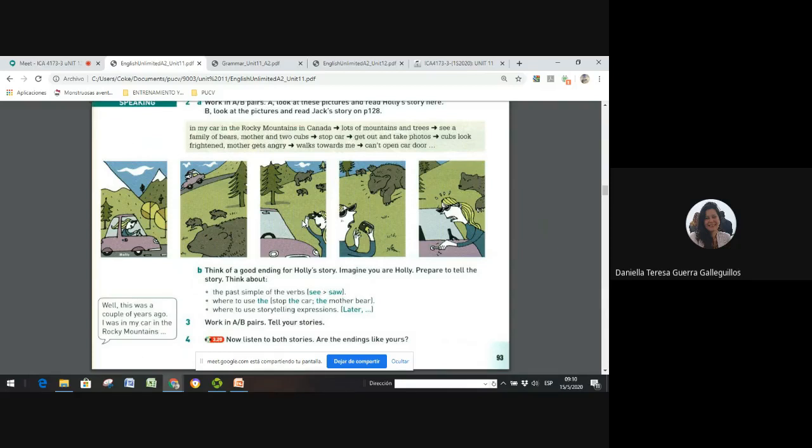Jack. Well, this was a couple of years ago. I went on holiday to France with some friends. We got the bus and the ferry to France and had something to eat in the ferry restaurant. Then I fell asleep. Later, I woke up in the ferry restaurant, but my friends weren't there. The ferry was empty. We were at Calais in France.